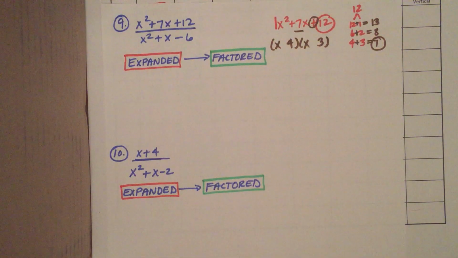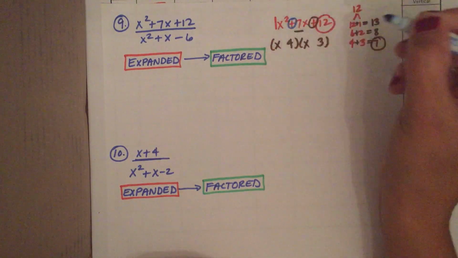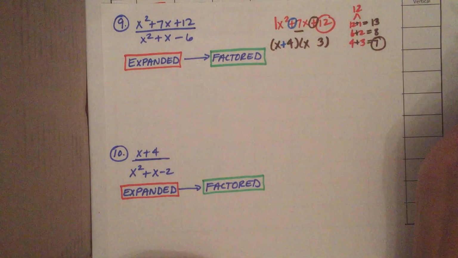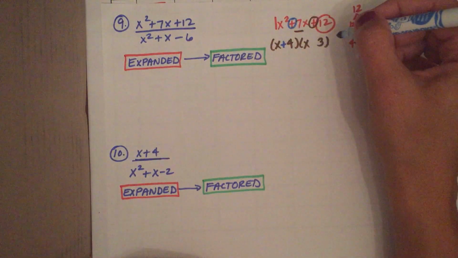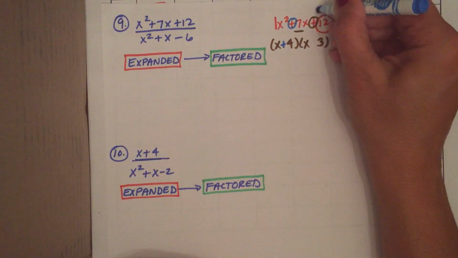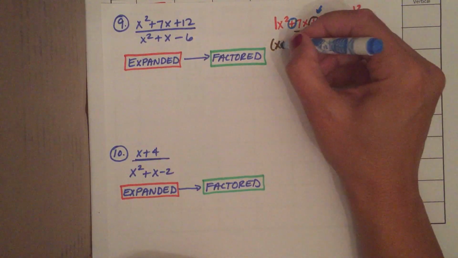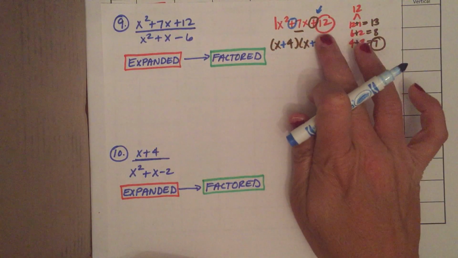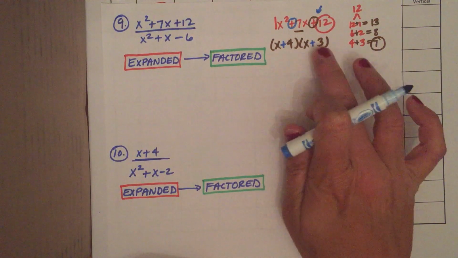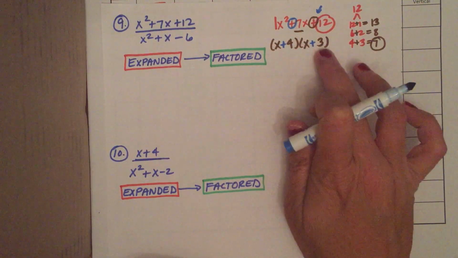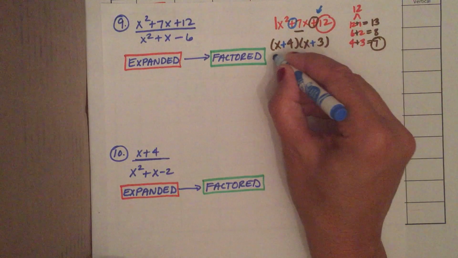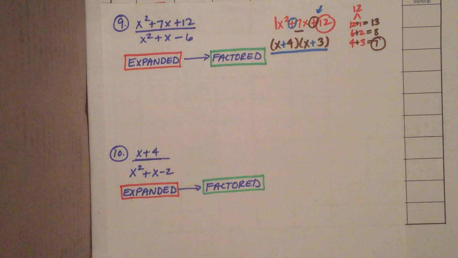And then I'm going to look at the sign on my B term, which is positive. That means at least the biggest factor should be positive, the 4. And because my C term is positive, that means these have to be the same sign. So if one's positive, so is the other. I have to get positive 12 when I multiply this one times this one. So they have to be the same sign. So that is your numerator.